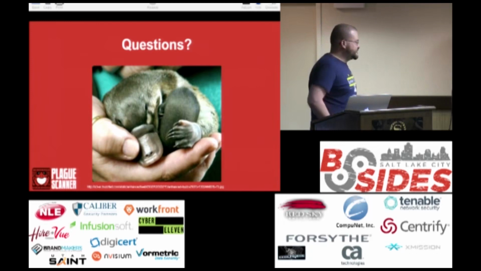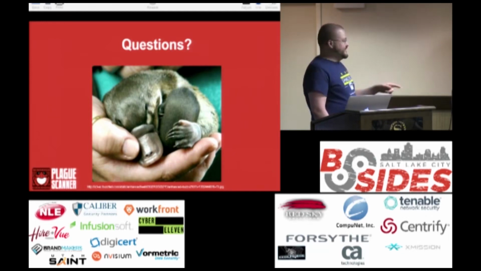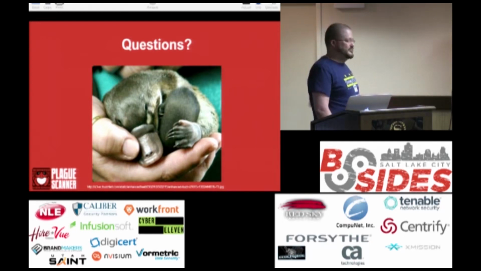You probably have way more experience with this than I do, but on getting multiple AV engines onto a single box, have you tried throwing an exception list for all of them? That's another good point, and no, I have not begun trying to, and you're talking in the Windows world, right? Yeah. So I have not begun trying to shoehorn multiple AV scanner engines onto the same box. I would love to, and if you have any ideas, please let me know.